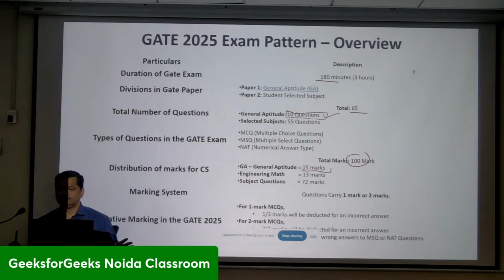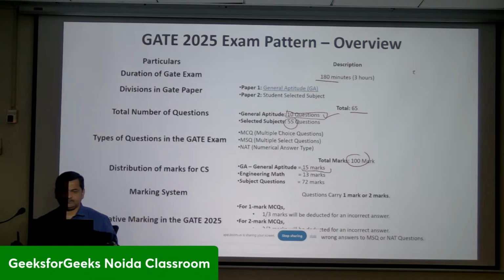And the 55 questions are related to the core CSE, in which all the core courses will be covered: your engineering math, discrete math, digital electronics, computer organization and architecture, DBMS, operating system, computer network, automata and compiler design. All those courses come under the 55 questions.